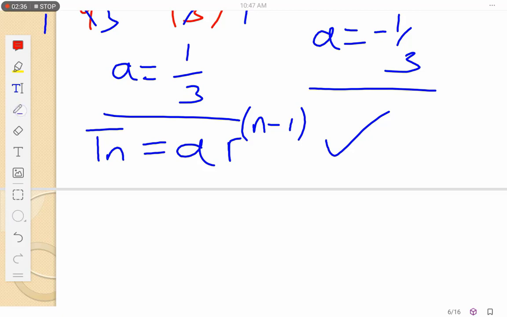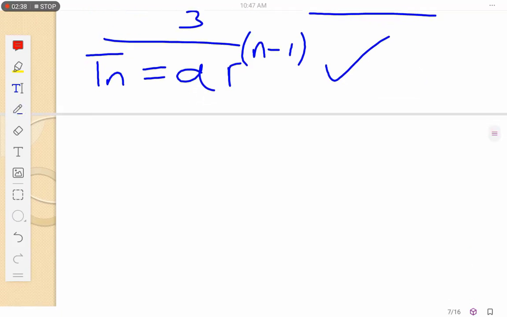If we want to find T1, we have T1 is equal to a. If a is positive, then r is positive. So I'm going to use a, which is positive, so I'll have our a is 1 over 3.